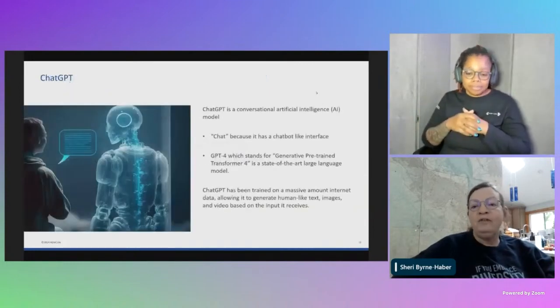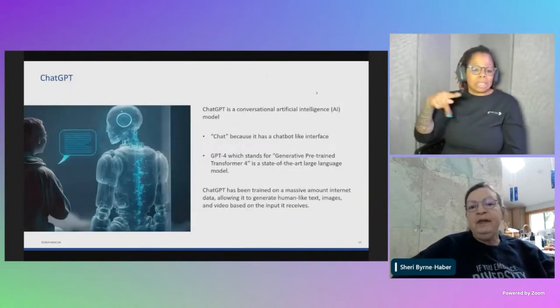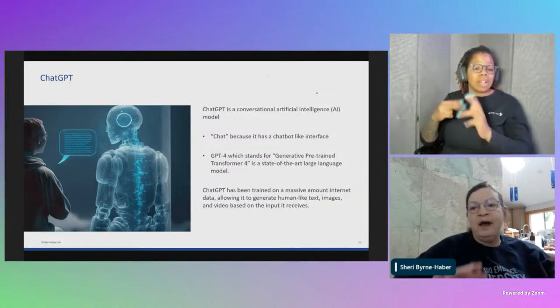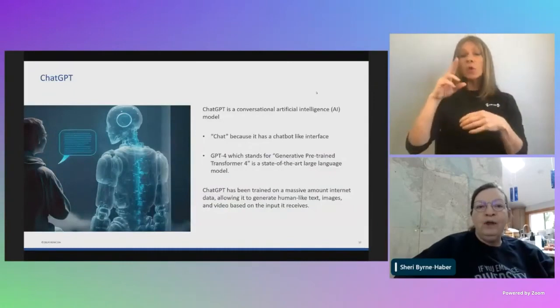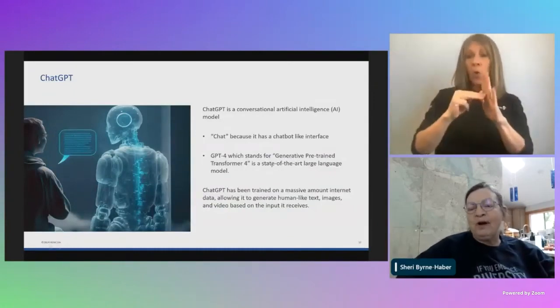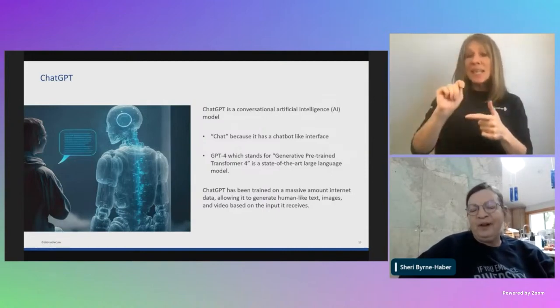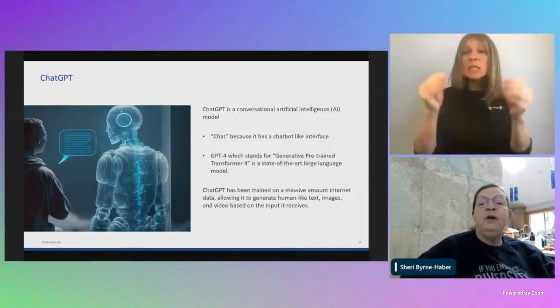Okay, so now let's start with ChatGPT. ChatGPT is an AI model. They call it chat because it's got a chatbot interface where you go back and forth with the large language model. And then GPT-4 is the most recent version. That's the paid version, which is more advanced.